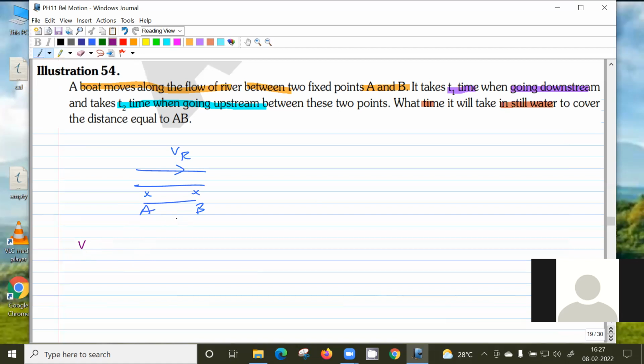Whenever distance calculation is there, you have to go to the river bank frame. So we have to find the velocity of man, the exact value. So velocity of man with respect to river, downstream both are in the same direction, right? So velocity of man plus velocity of river.